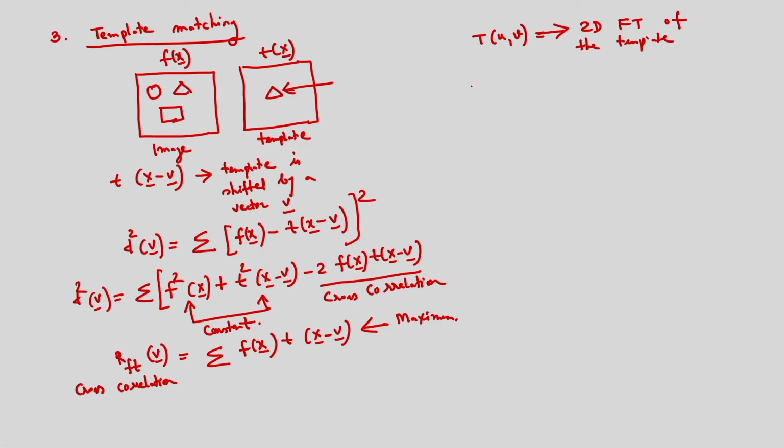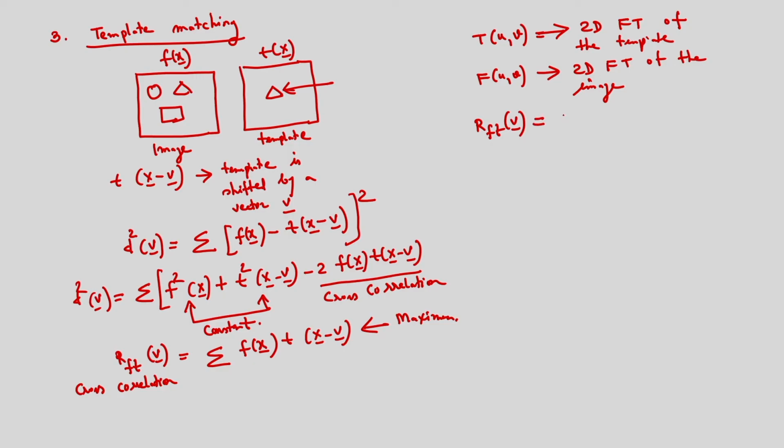And also I am considering F(u,v), the 2D Fourier transform of the image. Then in this case I can express the cross correlation like this.